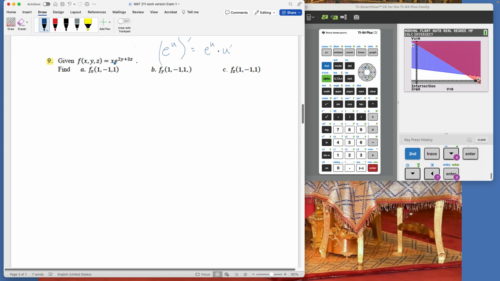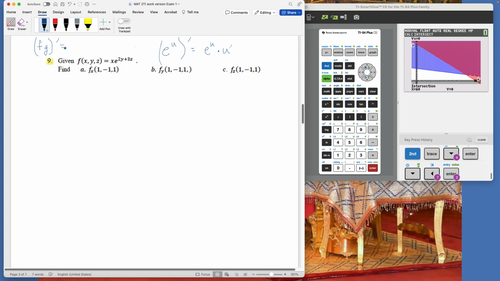You also see a potential for a chain rule here, or sorry, a product rule. So remember, for product rule, it turns out in this case, because e doesn't have an x in here, if there was an x up here, we'd have to use the product rule, but when we're taking the derivative of x, e is just a constant, e to this, because of the exponents.